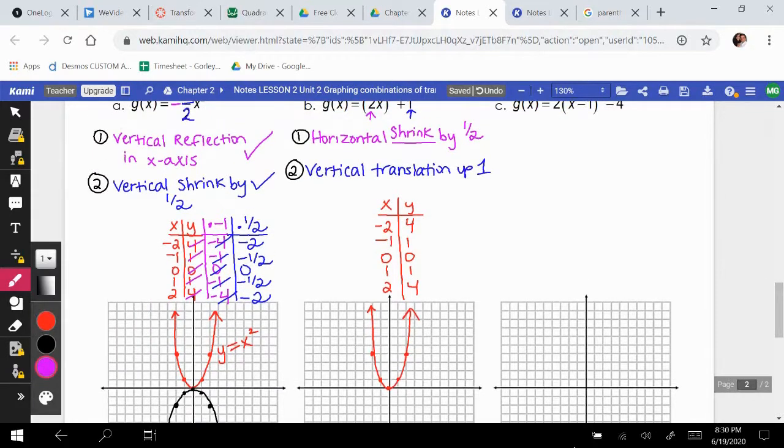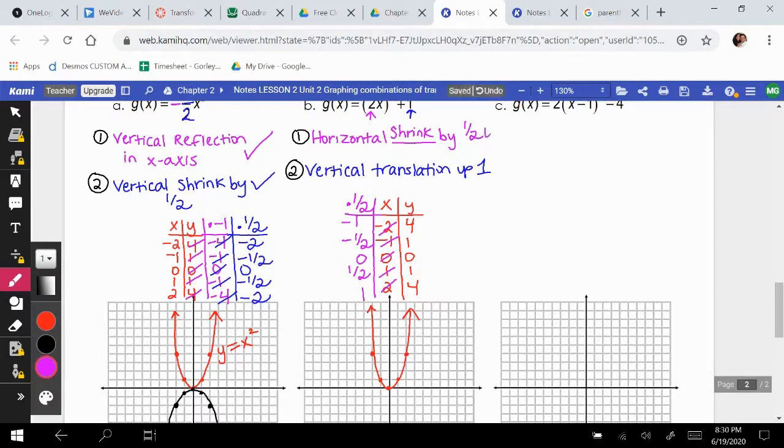We need to do it in the correct order, so I'll start with the horizontal shrink. It's horizontal, so it changes the x values. And I'm going to use that reciprocal 1/2. So I multiply by half. -2 times 1/2 is -1. -1 times half is -1/2. 0 times half is 0. 1 times 1/2 is 1/2. And 2 times 1/2 is 1.